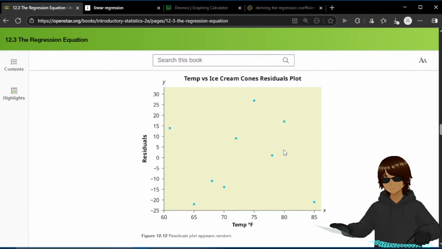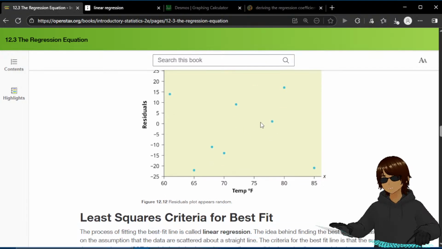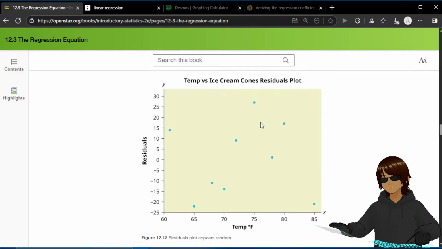No, right? I'm thinking about that. Yeah, I think it would appear random because some points are really close, some points are really far.